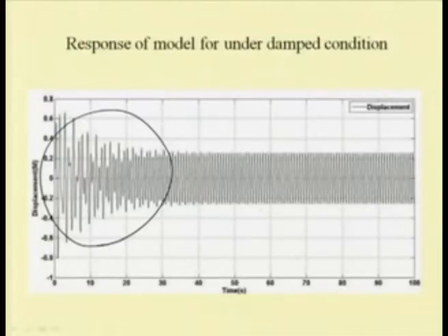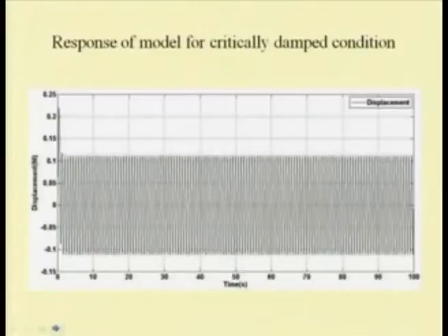So, this is the steady state response reached after several time steps. One can find the steady state response by using this method also. So, this is the transient part, this is the steady state part, and this shows the time response of the system.